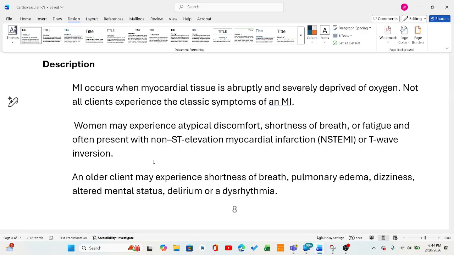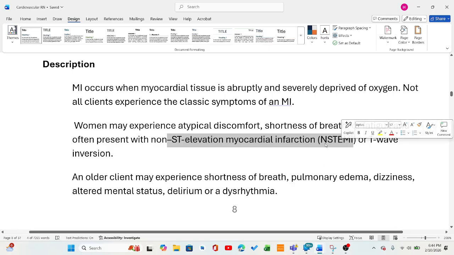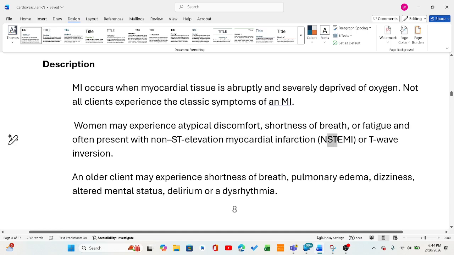Not everybody will complain of that, especially women. Women will not be complaining of chest pain, but they will be talking about discomfort, shortness of breath, or fatigue. And often the ST segment will never be elevated when you get the EKG. So they will have the NSTEMI, which you know by now means that when the EKG was taken while the person was complaining of chest pain, the ST segment came out unchanged.